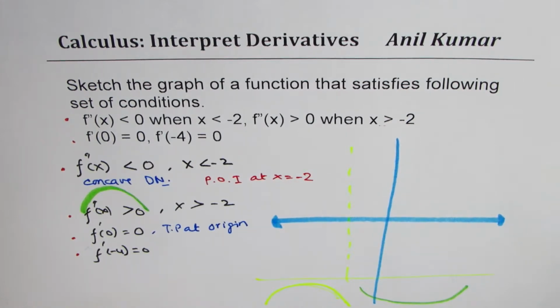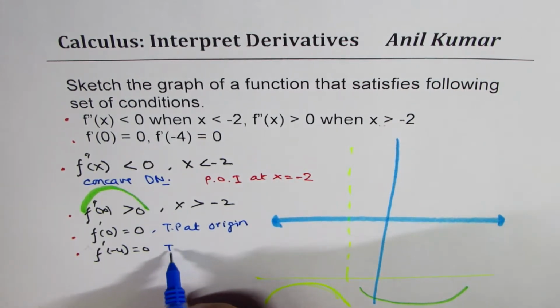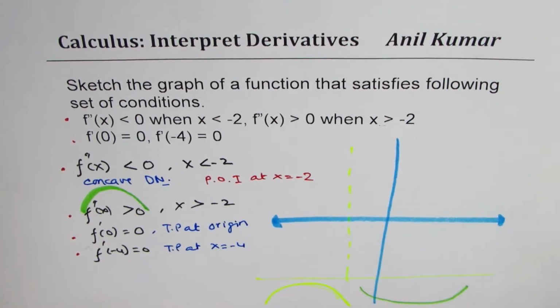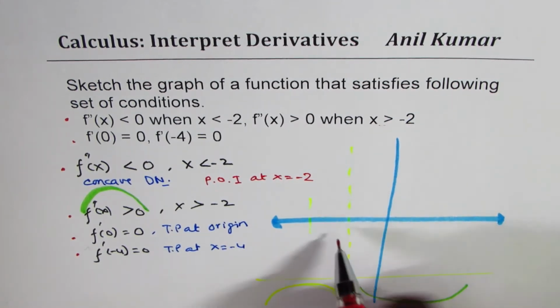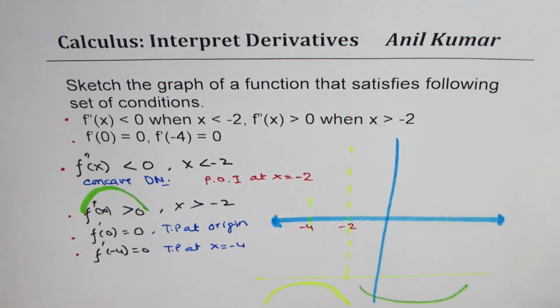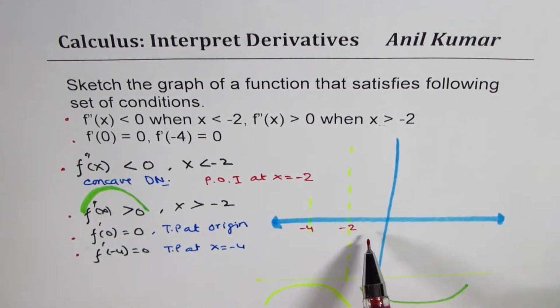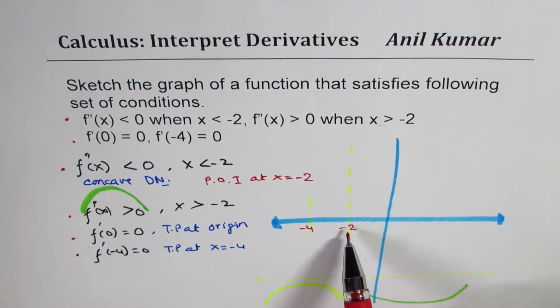So what we are also given is a turning point at x equals minus 4. So we have minus 2 here, minus 4 there, right? Now, we know there is a point of inflection at minus 2.